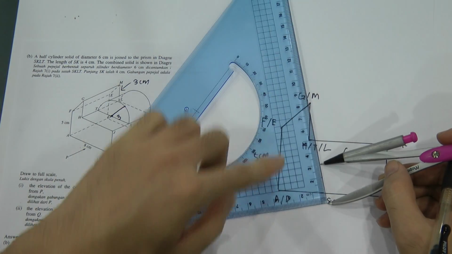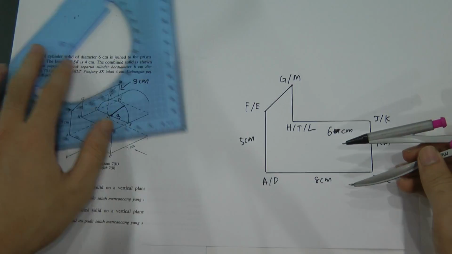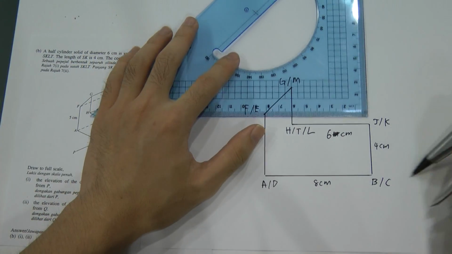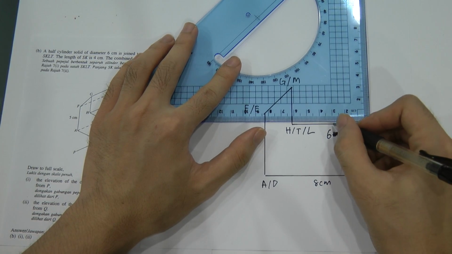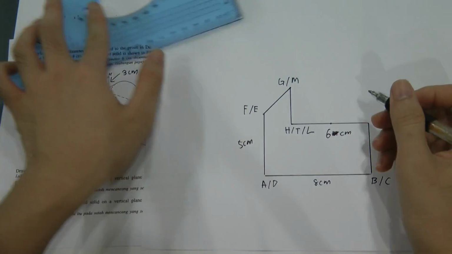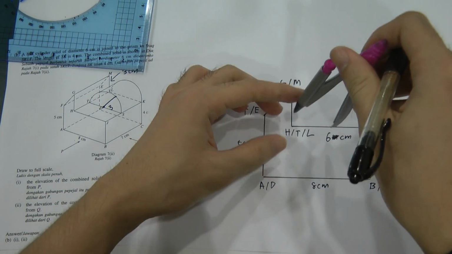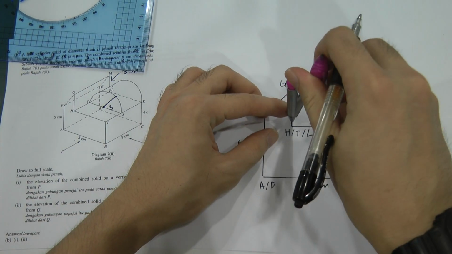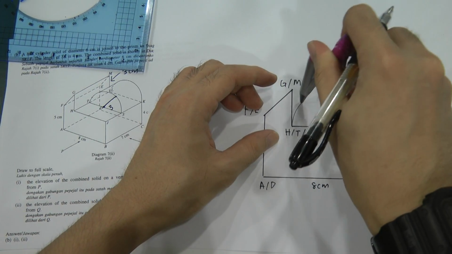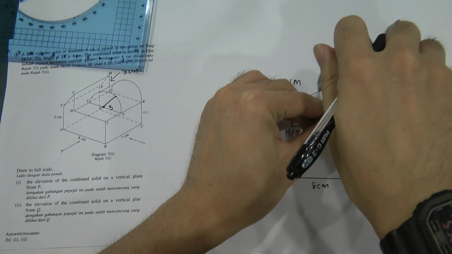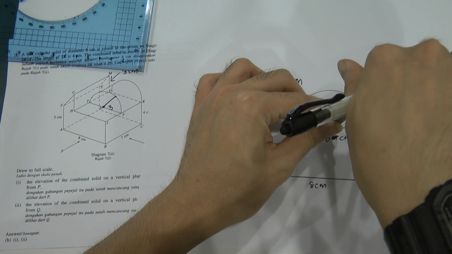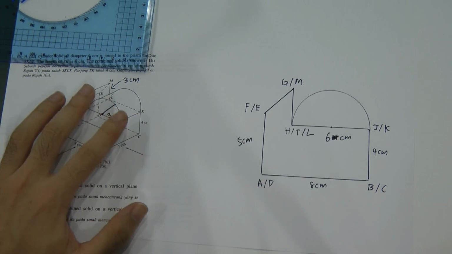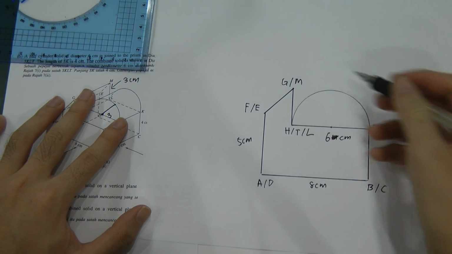Then I find where the 3 cm is here. 3 cm will be here. I make sure this one is my center point, then I point this one to here, and I just draw this one using my compass. So then the whole graph is done.